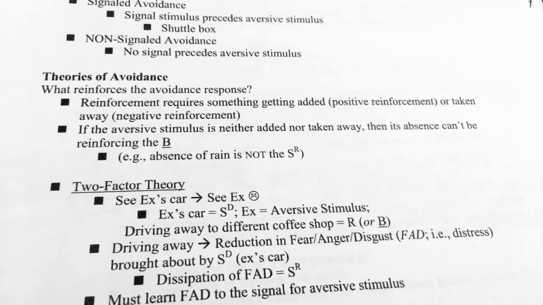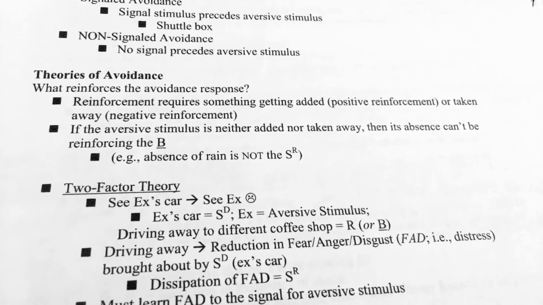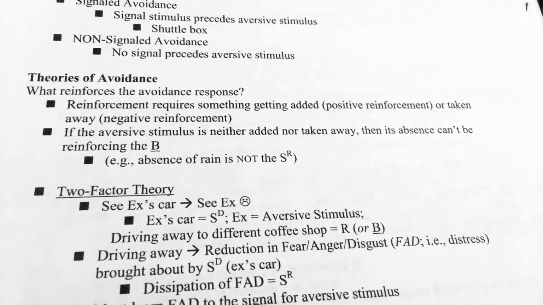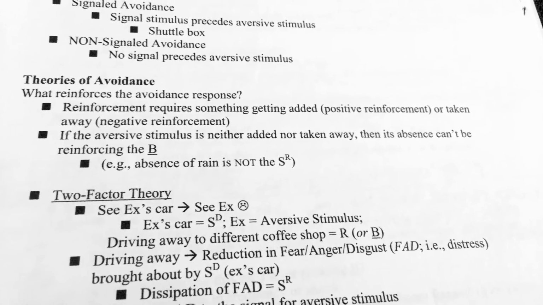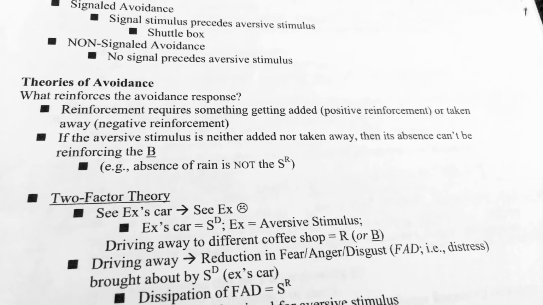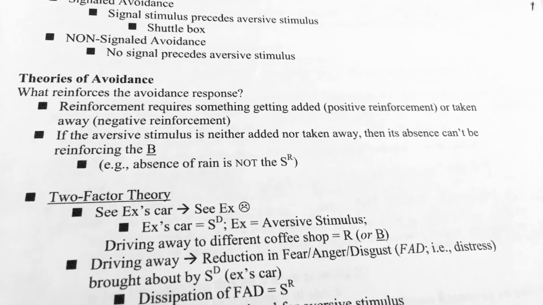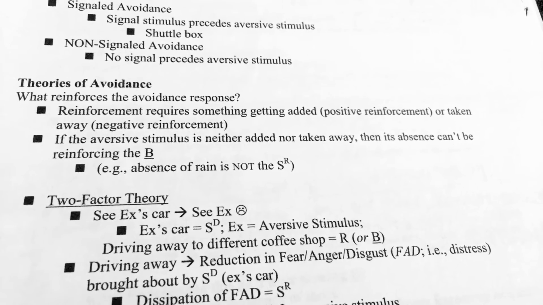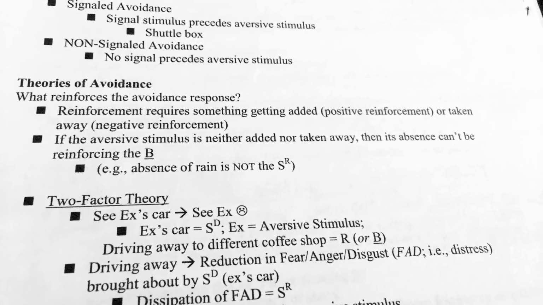Theories of avoidance. What theories? What reinforces the avoidance response? Reinforcement requires something getting added, so positive reinforcement or negative reinforcement. So adding something in your environment that you want the behavior to happen again, or taking away something in the environment so that you want the behavior to happen again.